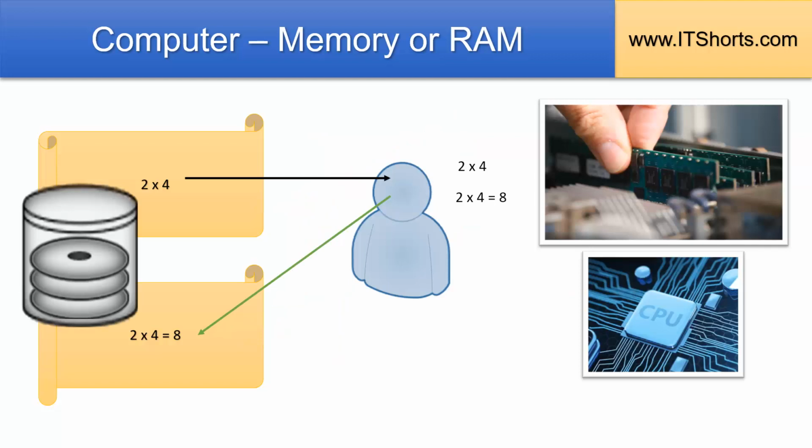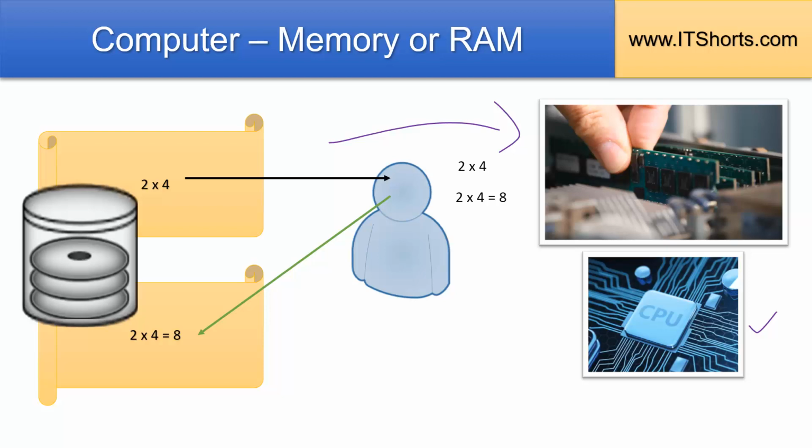Like that, when we ask a computer to run a program which is stored in the hard disk, it copies the program into the memory first. The memory here is the RAM. Then the processing is done by the CPU using the copy of the program stored in the memory.